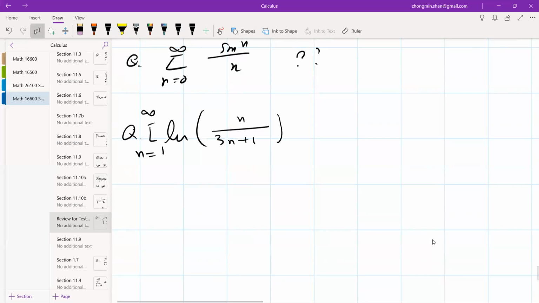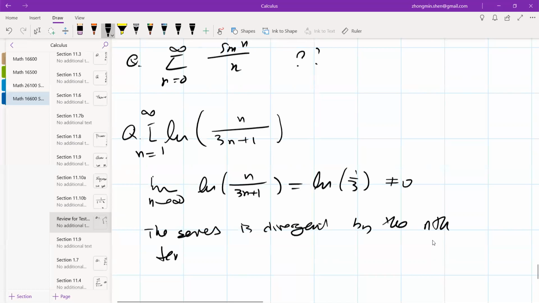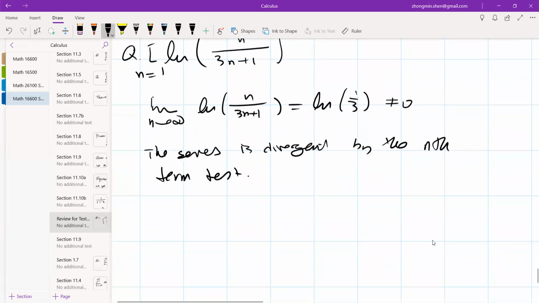Let's look at the limit as n approaches infinity of natural log of n over 3n plus 1. The limit is going to be what? It's going to be 1/3, not 0. So 1/3 is not 0. Just one line, and you say that the series is divergent by the nth term test for divergence.